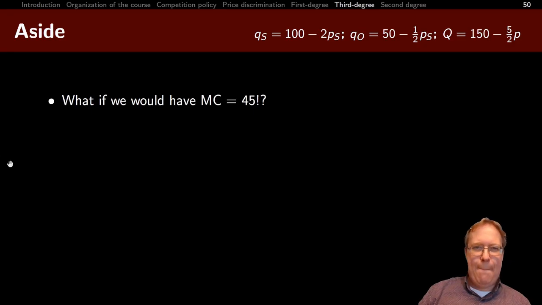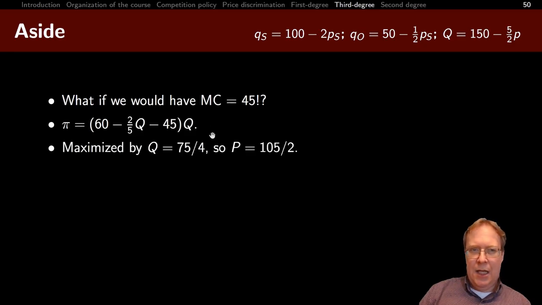To see what I meant with these two groups, it's useful to analyze the case where marginal cost is equal to 45. So then my profits would look like this. If I maximize that, I get these quantities and plug that back into my demand function.